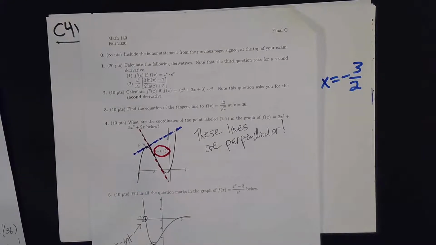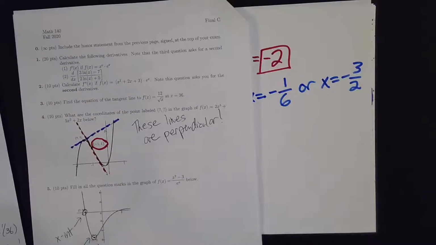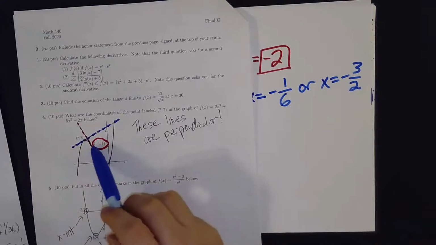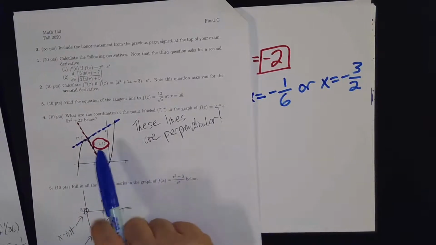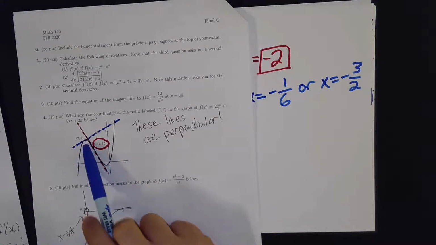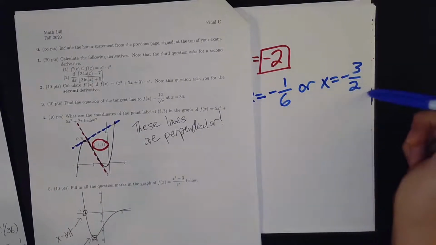Again, it's very helpful to look at the picture to decide which of these two it has to be that I'm actually looking for. Okay. And there's two real ways you could do that. One is to say, well, this point is labeled as minus 1, 1, and the x-coordinate of this point that I'm looking for is more negative. And so as a result, this one has to be the one that's less than minus 1, so it's that one.